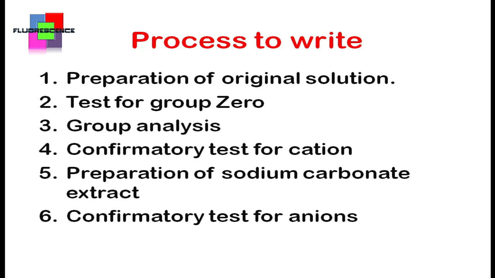Suppose you're getting till group 3, you will stop at group 3. You will not write group 4, 5 and 6. Is that clear? Moving to the next one. You will write the confirmatory test of the respective cation. Then you will write the preparation of sodium carbonate extract and the confirmatory test of the anions. Please note, you will not write the pre-lead test of the anions.